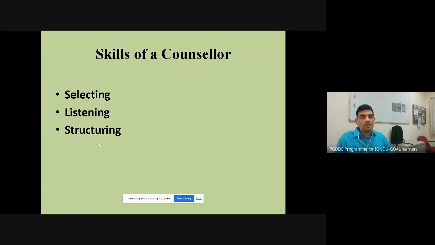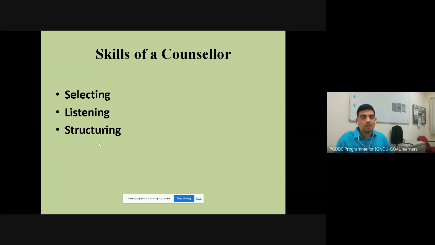Then listening, as we were discussing, one has to be a good listener. That is very helpful and needed on the part of a counselor. Then structuring: after listening, one has to structure the content in a systematic way, deciding what is communicated first, how it is strengthened with the next, and what comes after which.